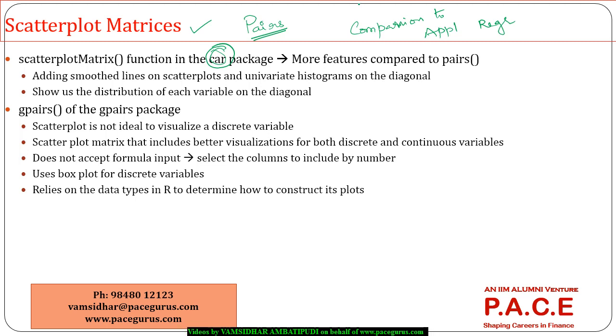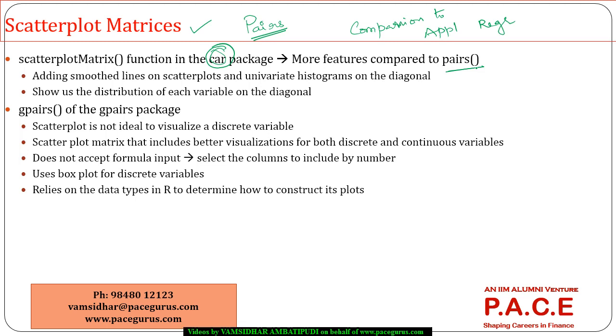Within that car package, we have scatterplotMatrix, which has many features associated with providing a scatterplot matrix, and we can actually use the pairs function from base R as well. So we can understand these two things.